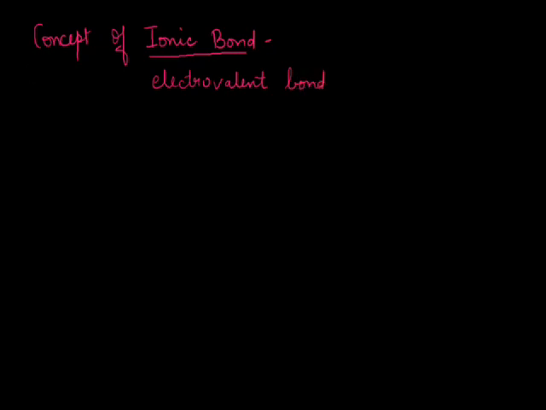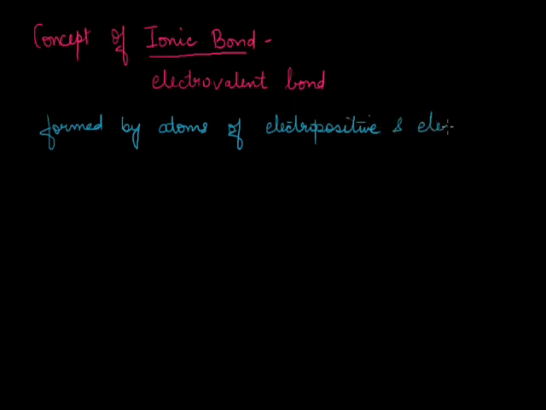So ionic bond is also called electrovalent bond, which is formed by the atoms of electropositive and electronegative elements.